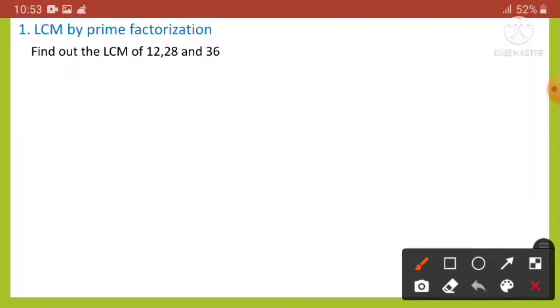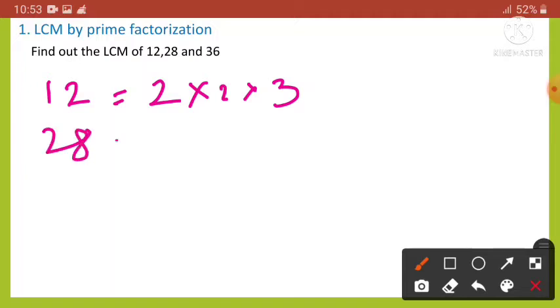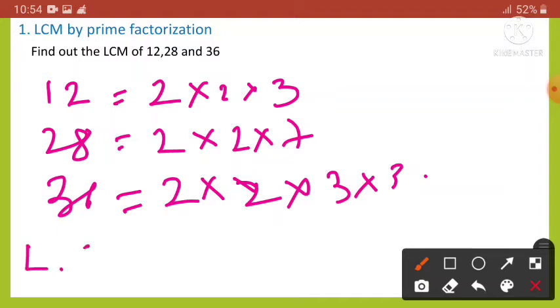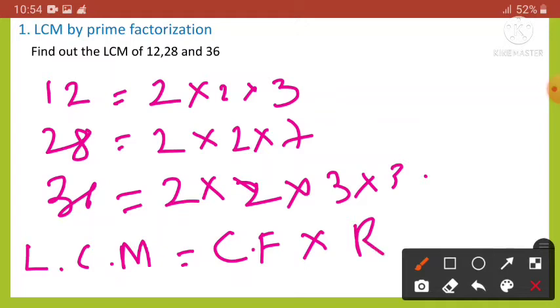The prime factors of 12 are 2 into 2 into 3, of 28 are 2 into 2 into 7, and for 36 they are 2 into 2 into 3 into 3.